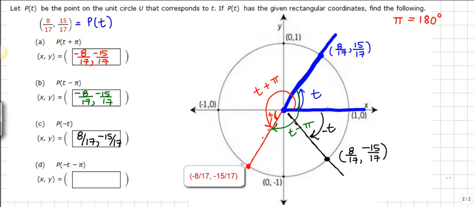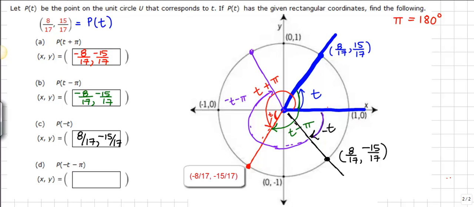Now, if I measure the angle negative t minus pi, then I've already measured to negative t, and I'm going to rotate another 180 degrees all the way around, which would place my terminal side here. So negative t, and then I'm going to keep going negatively and subtract pi.